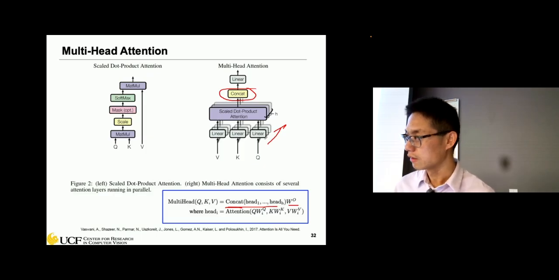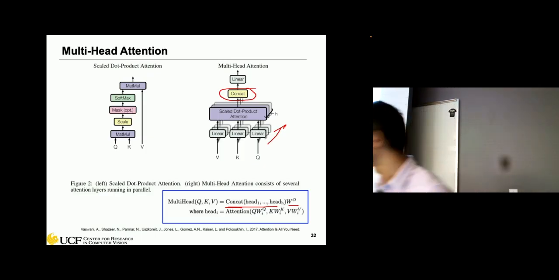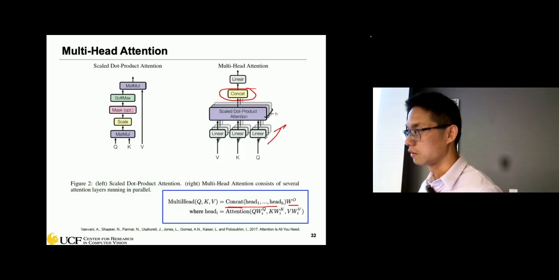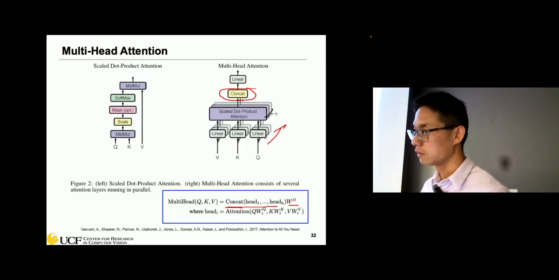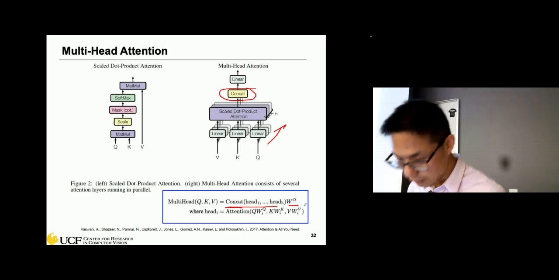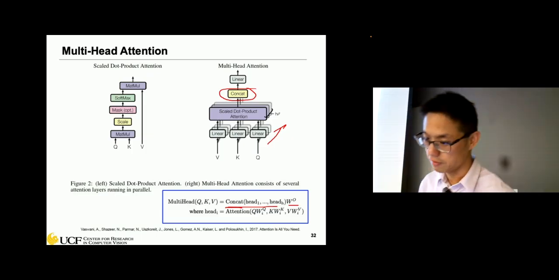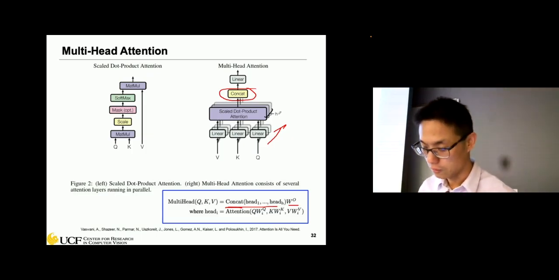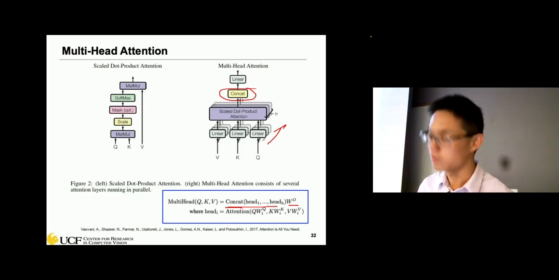So if V, K, and Q go from 512 to 64, then the whole thing happens, and the concatenation brings it back to 512. Yeah. And then the linear layer, is that 512 to 512? So I think this depends on how you specify this H. H is how many heads you have, and also how you determine the dimension within a single head.